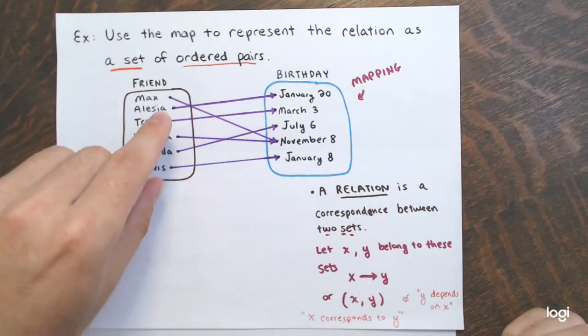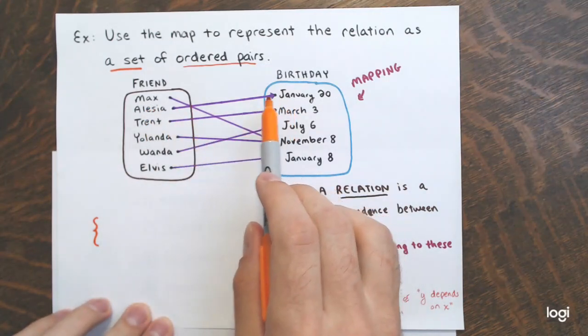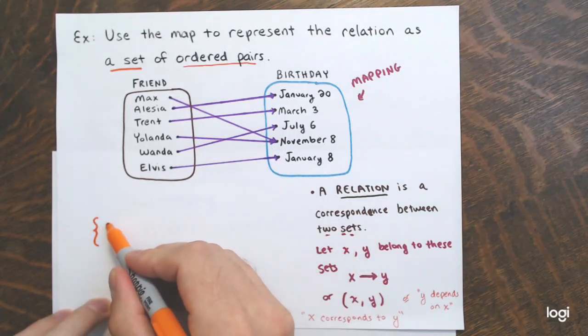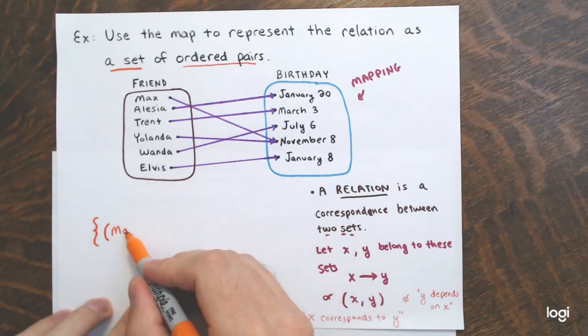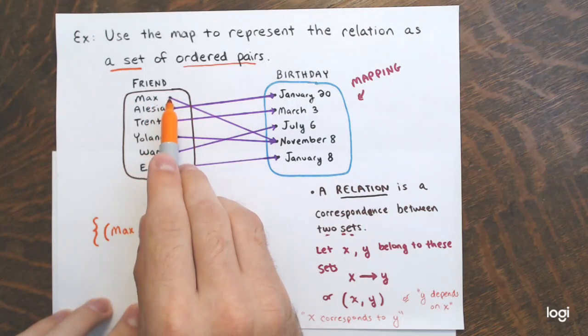So I wouldn't have an ordered pair of Max with January 20th, right? Because Max has the birthday November 8th. So I'm going to put that ordered pair in here. In parentheses, the first element, the value from the first set, Max, comma. And then what does Max in this set correspond to?